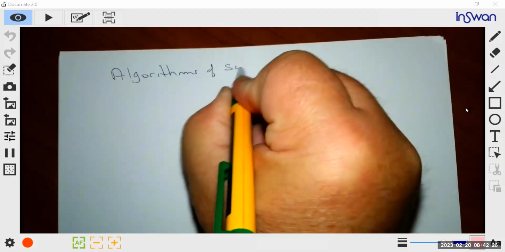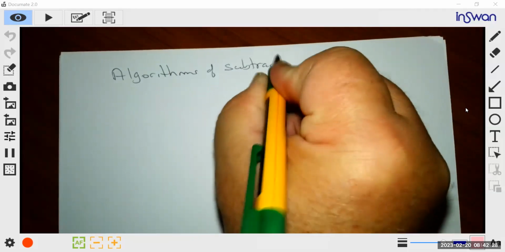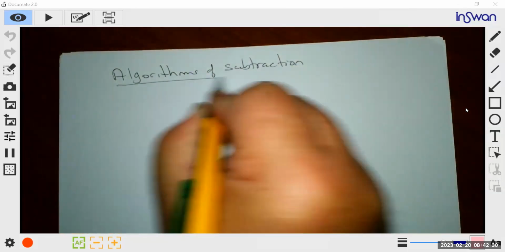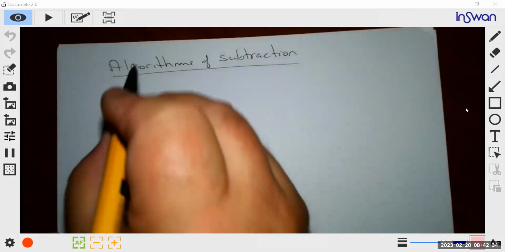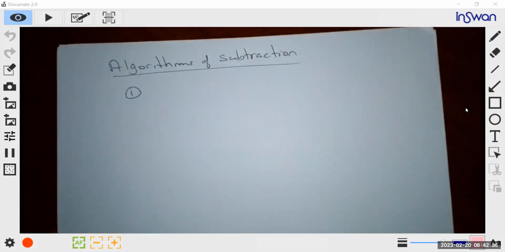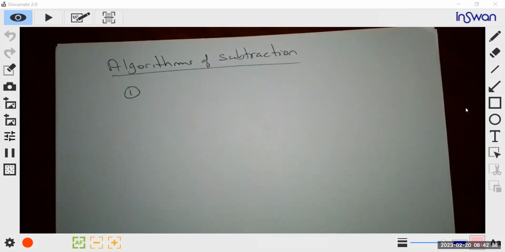Algorithms of subtraction. We pretty much discussed the first one already.